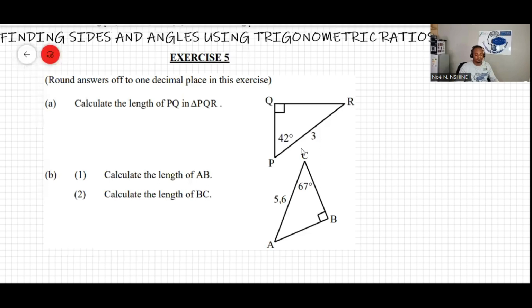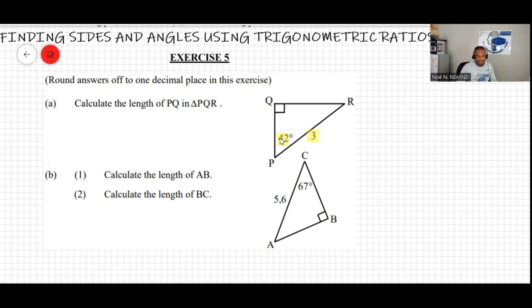When I look at this question, one angle and one side is enough information for us to find the side PQ, or any side of the right angle triangle, or any other angle. In this case, I look at this angle, 42 degrees.